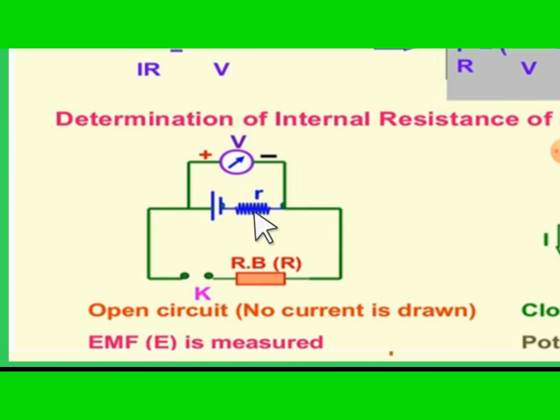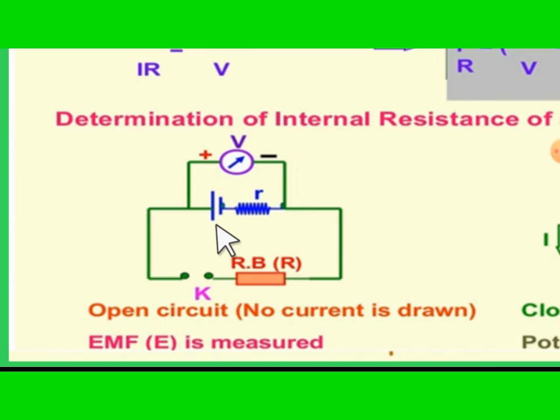But the potential difference measured by a voltmeter will not give you the correct reading. Instead, we can use a potentiometer for measuring EMF, because a potentiometer will give you a more accurate reading than a voltmeter.